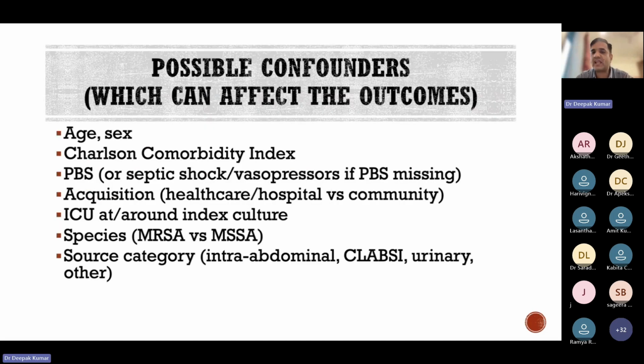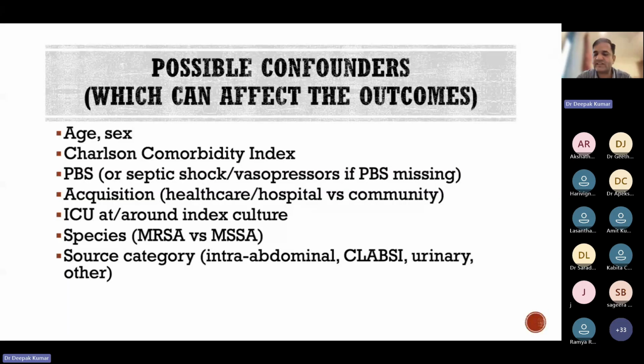The second thing, after understanding the PICOT, we must understand the confounders. Confounders are the factors which can affect our outcome. So I have said that in PICOT, we have to understand population, intervention, and comparator, but understanding of outcome is very, very important. And we have to take all the confounders in the data collection which are going to affect our outcome, like mortality.